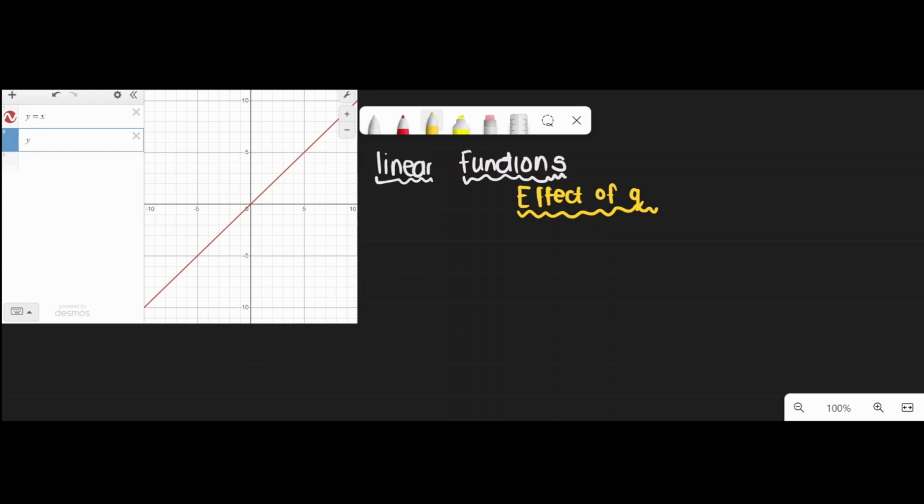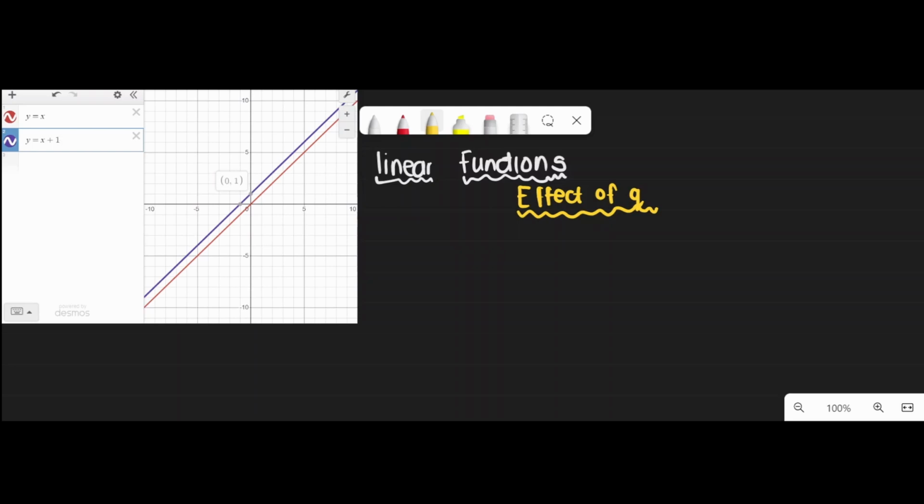If we say y = x + 1, do you see it's the purple graph? From the red graph, let's investigate how the graph operates. This is the red graph. When q is plus 1, it moves 1 unit up. So it moves whatever the q value is upwards when it's positive.